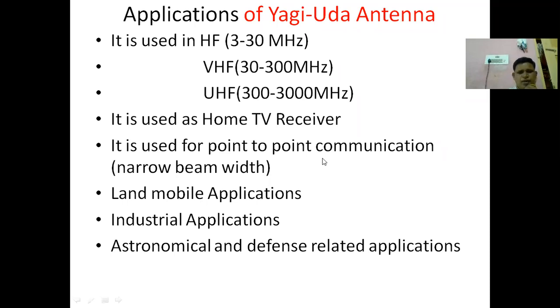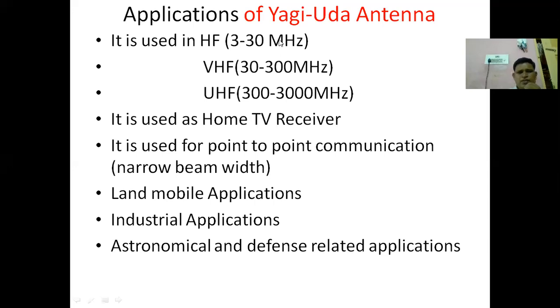It is also used for point-to-point communication, for communication between two ships or with base stations, and in mobile communications. It has a narrow bandwidth. These antennas are also used in land mobile applications, industrial applications, and astronomical and defense related applications. That is the Yagi-Uda antenna.